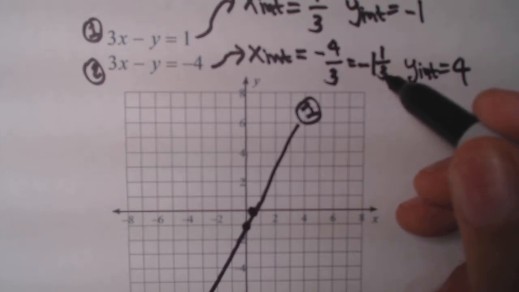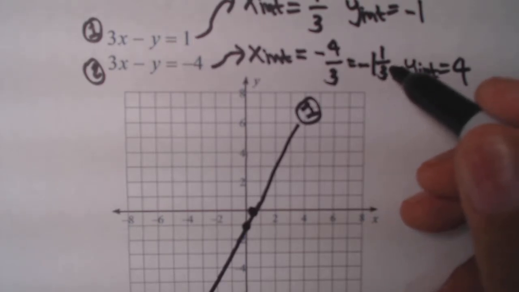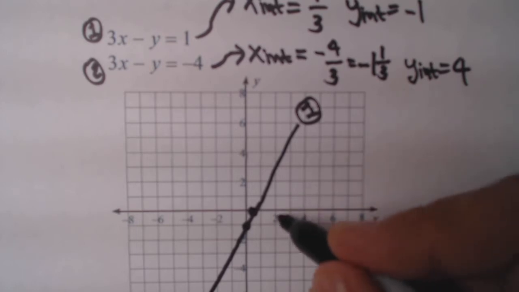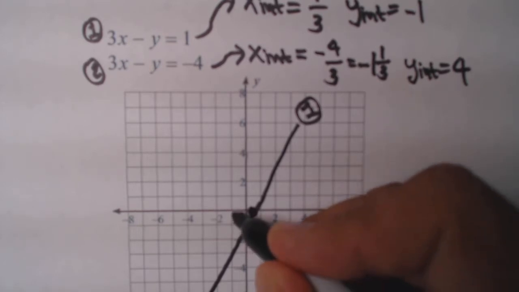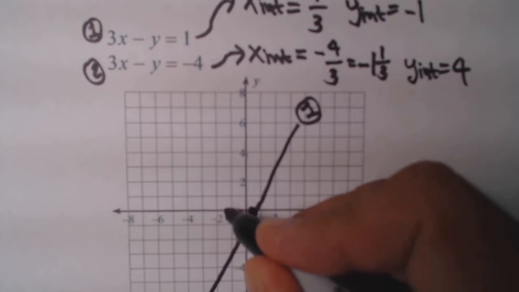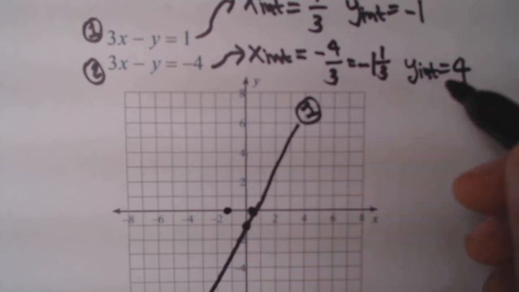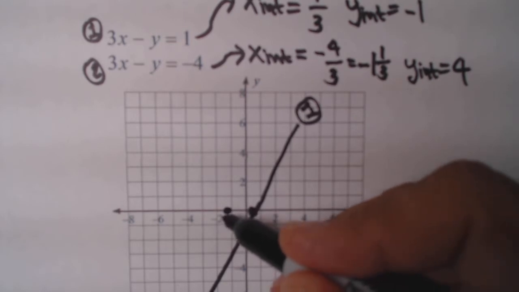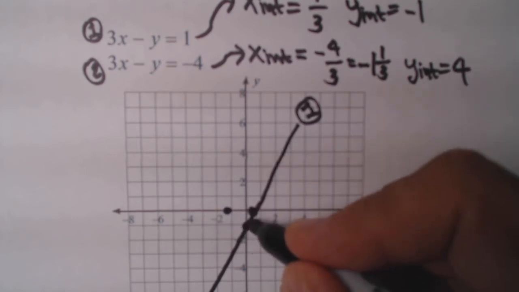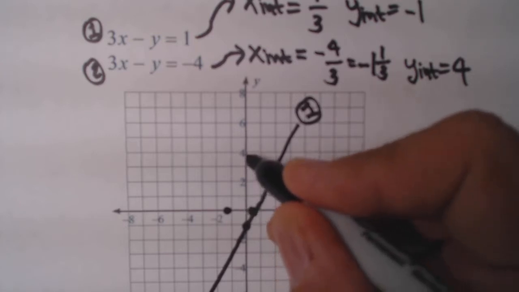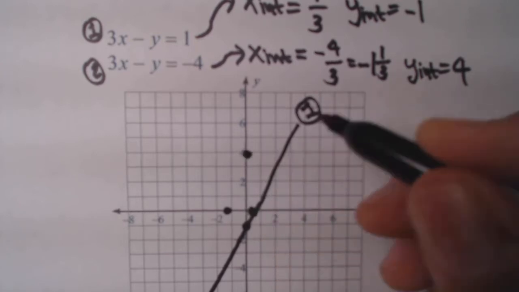We've got x equal to -1 1/3. 1 1/3, and it's negative. So here's 1, and -1/3 would be about there. Remember, -1 1/3. The y-intercept is 4. Here it is right here.